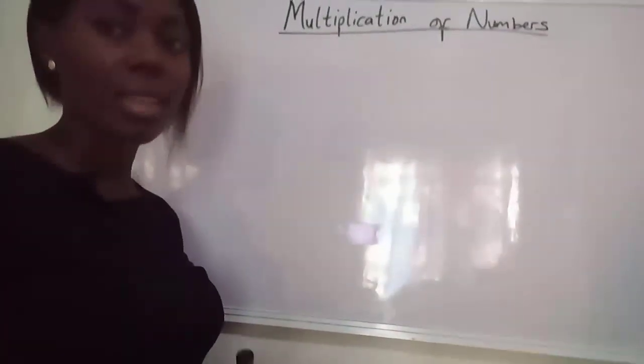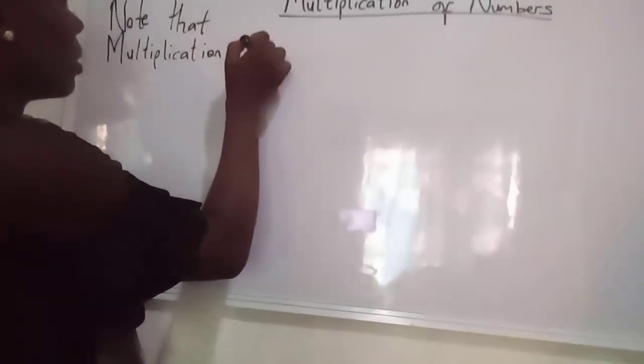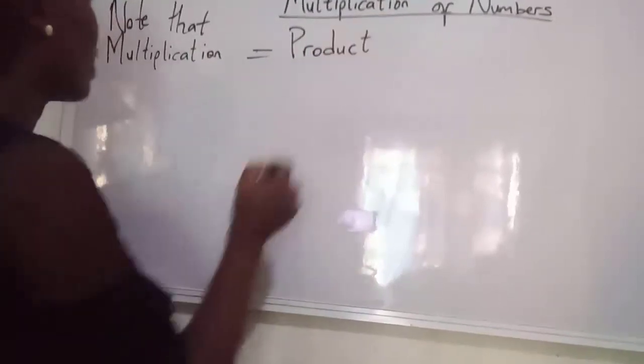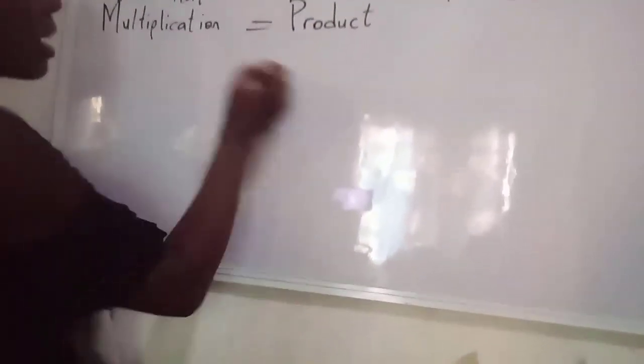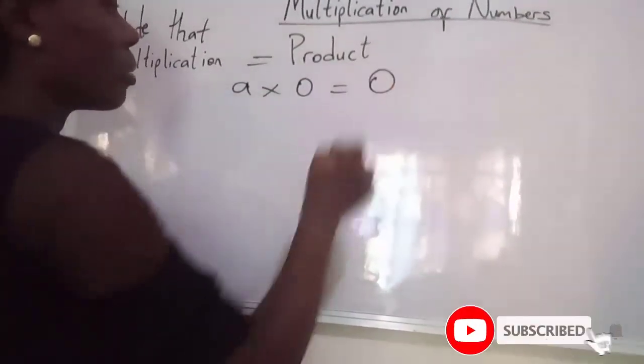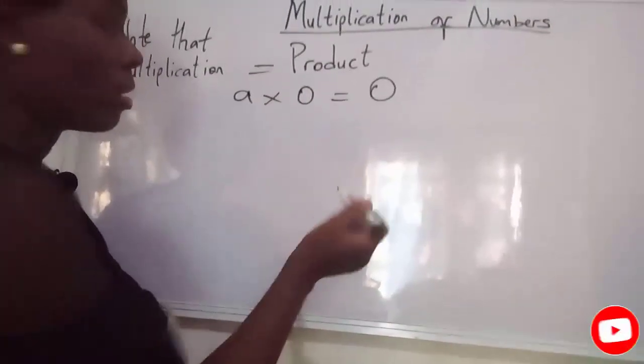Okay? Now let's establish a relationship before we continue. In multiplication, note that another name for multiplication is product. Alright? And also, when you have something like this, a times 0 is simply 0. I'll explain. What is 0? 0 means nothing. Alright?